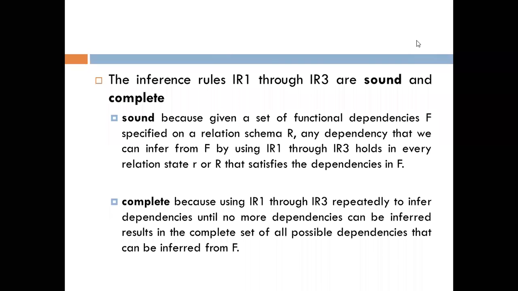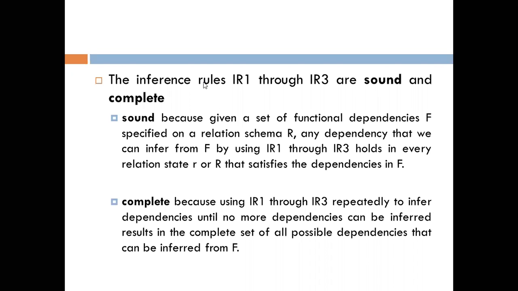The first three inference rules are called sound and complete. Sound, because given a set of functional dependencies f on a relational schema, any dependency that we infer from f can be deduced using these three rules, and every relational state must satisfy these dependencies.